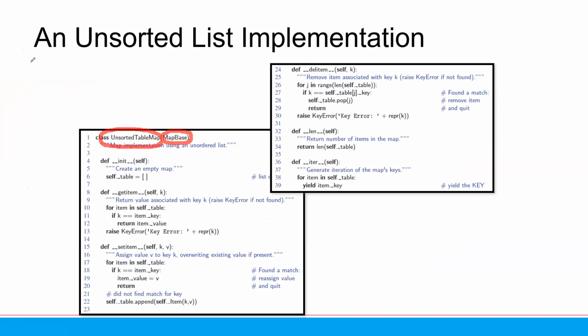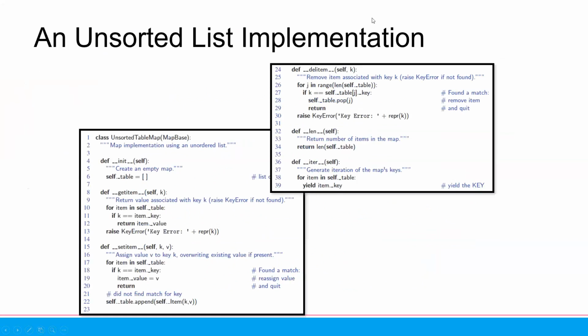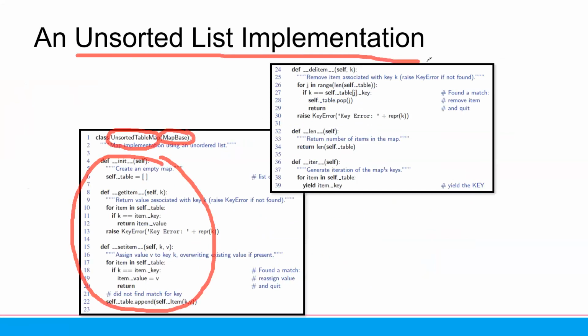The unsorted table map will inherit the properties of the map base. Whenever we create the subclass, it will inherit all the properties in the map base, and we can just define what is important for the table map. So this is the unsorted list implementation.